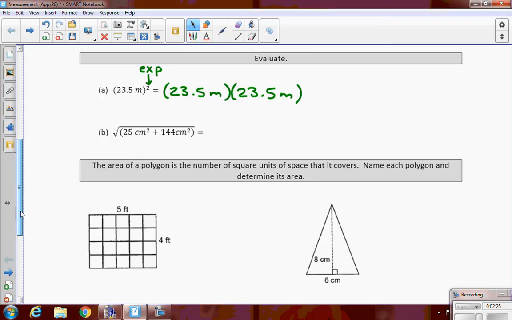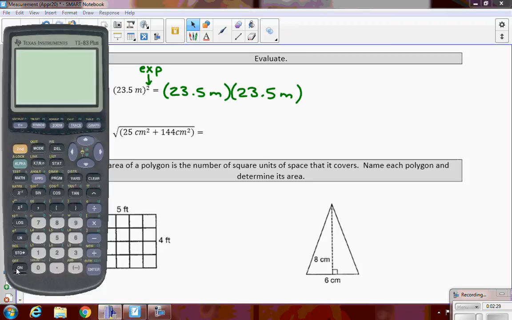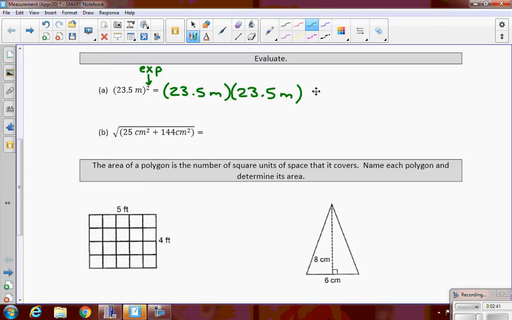Now if you were to do that in your calculator, it's like saying 23.5 multiplied by 23.5. And that gives us 552.25. So that takes care of the number portion. But now when we have meter times meter, that gives us a square meter.